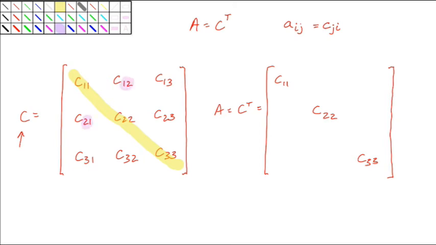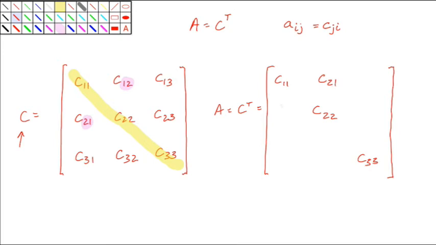But now we wind up with these other elements, and we can see that 2,1 and 1,2 are opposite. We actually wind up flipping these values or mirroring them over the diagonal. So if we have C21, in our transpose, C21 actually gets placed in the 1,2 position.